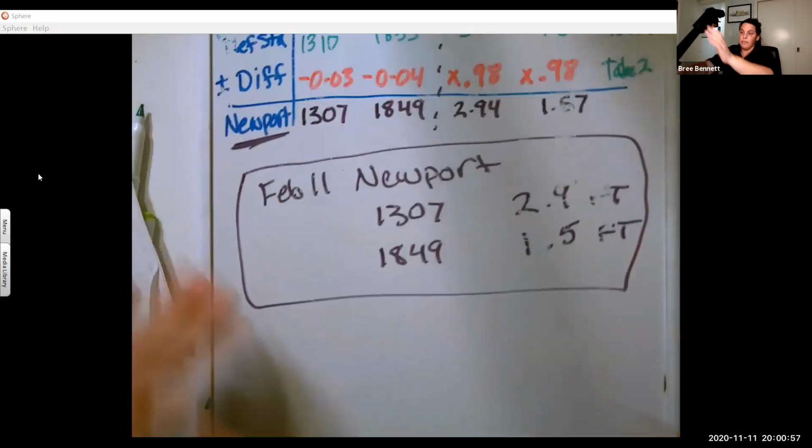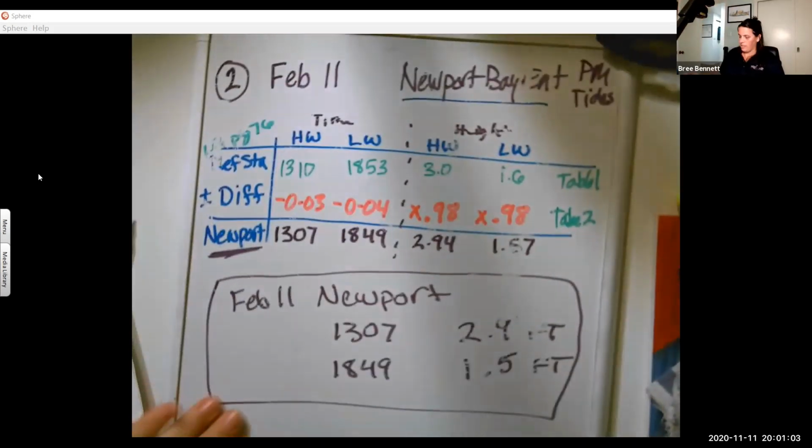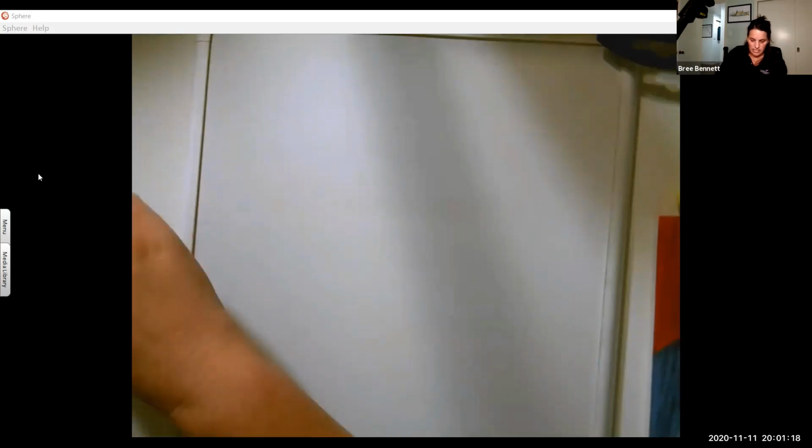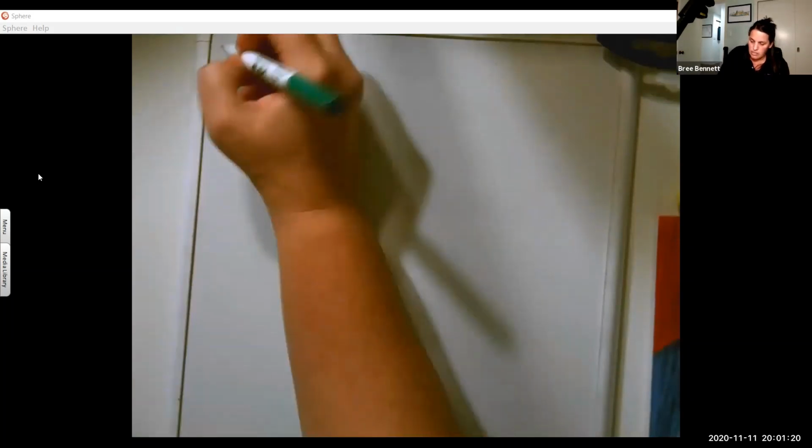But maybe you're not sailing in Los Angeles and you want to know how to do it. But if you think it's too complicated and you just use the little pocket guide, that's fine for sailing in Newport.